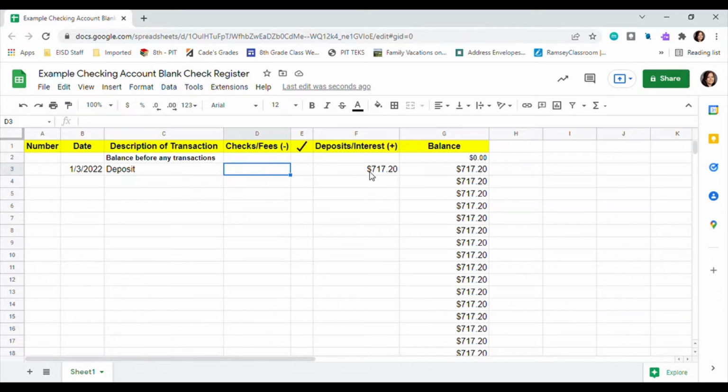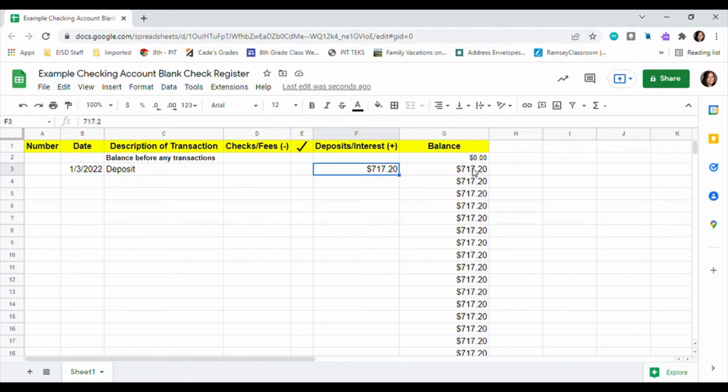And when I put $717.20 in cell F3, the computer added 0 plus $717.20, and it gave me a balance of $717.20 without me having to do the math, which is really cool. So I will warn you, you want to avoid getting in column G. If you start messing around with the numbers in column G, you're going to mess up your formula and you're going to need help. So you definitely want to avoid that.